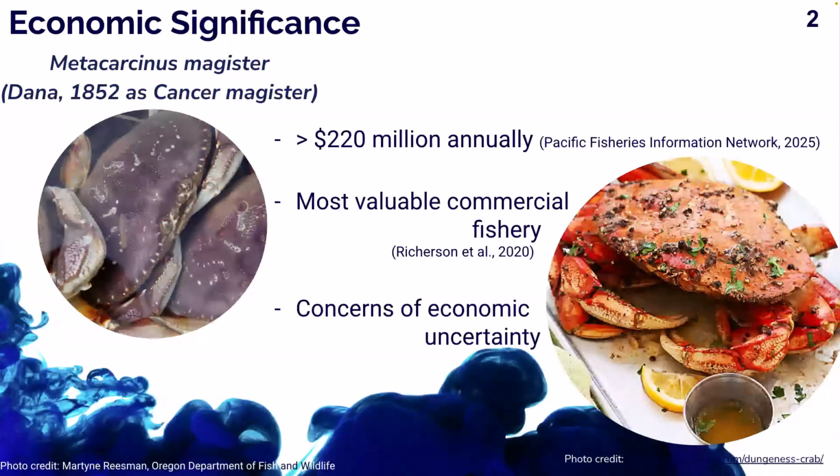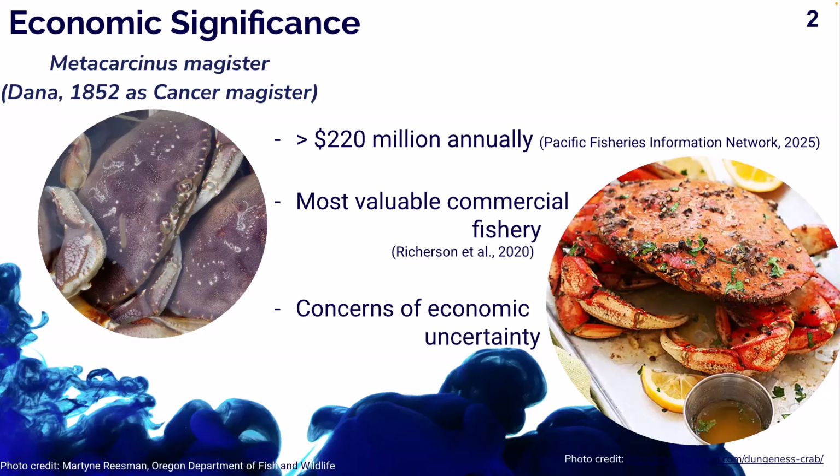And this high value raises concerns about the economic uncertainty this species is facing due to increasing threats from a variety of environmental factors like ocean warming, ocean acidification, hypoxic events, and more, which affect the fisheries and the harvests that are returned from it.